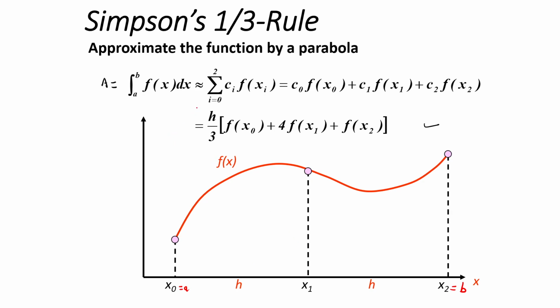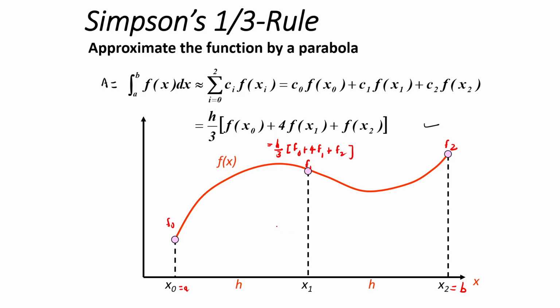So the integral of f(x) dx from a to b using Simpson 1/3 rule is equal to h/3 [f0 plus 4 f1 plus f2]. We simplify f(x0) as f0, f(x1) as f1, f(x2) as f2. This is f0, this is f1, this is f2.